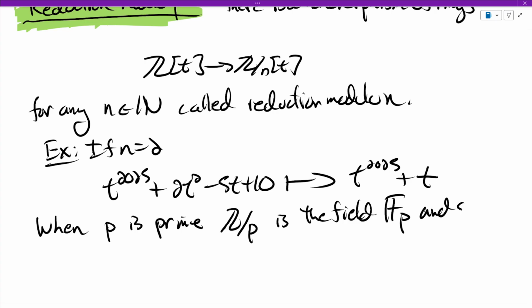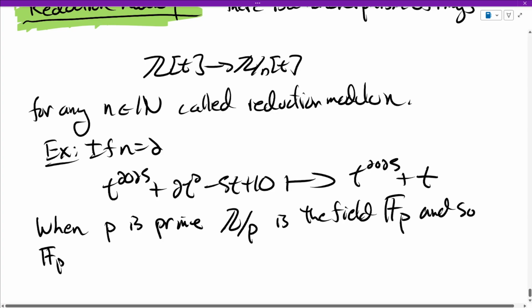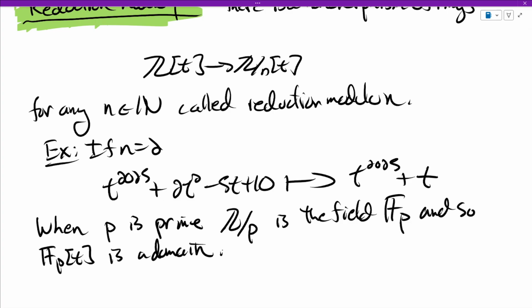And so F_P adjoin T is a domain. In particular, we would not want to reduce a polynomial mod 4 and analyze whether or not it factors, because Z mod 4, of course, has zero divisors. You have 2 times 2 is 0, and that causes issues with factoring. So we really want a domain when we look at factoring.